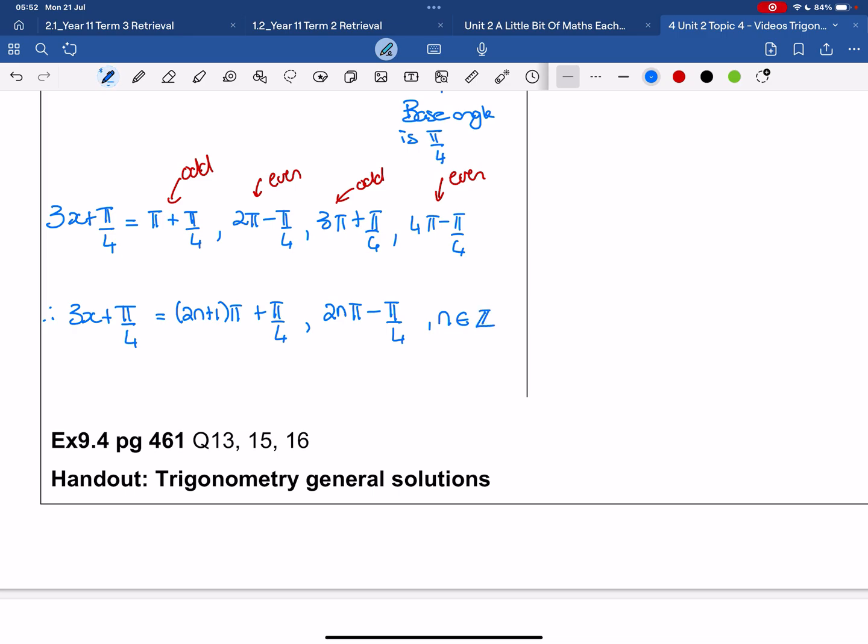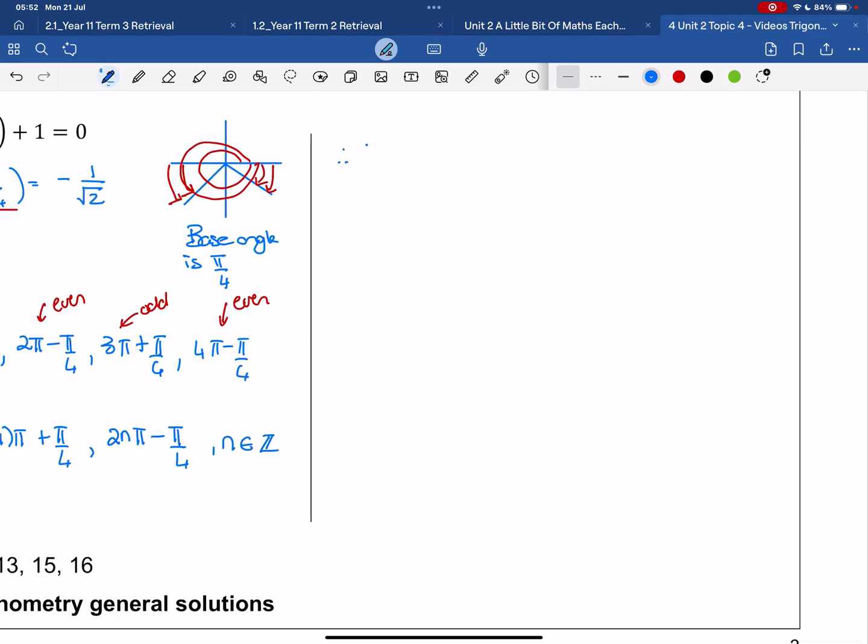All right, but now we're not looking for 3x plus pi on 4. We're actually just looking for x. So what we're going to need to do now to start with is first subtract pi on 4 from every single term on the right-hand side.